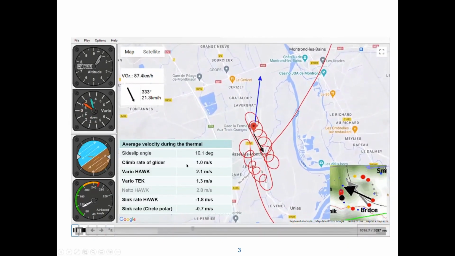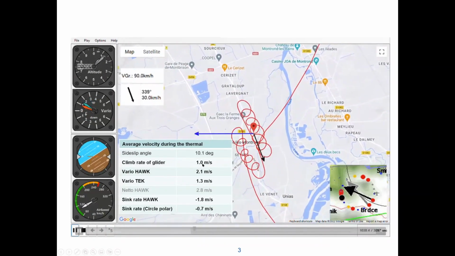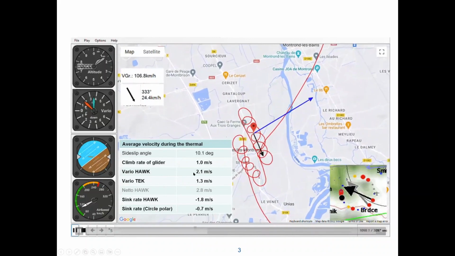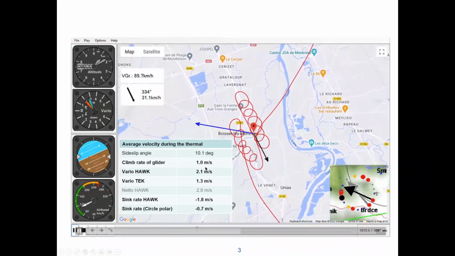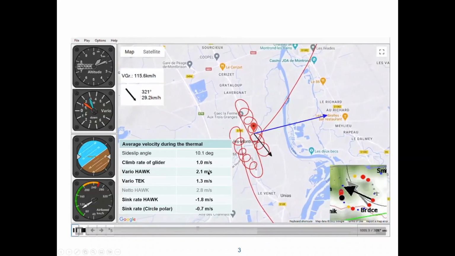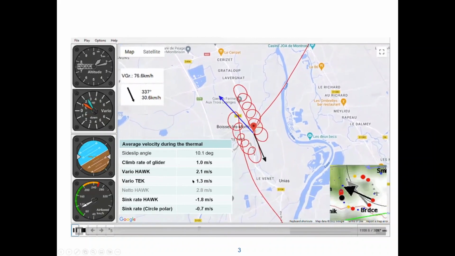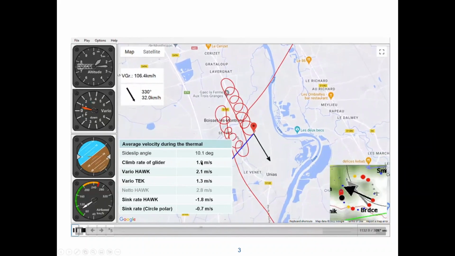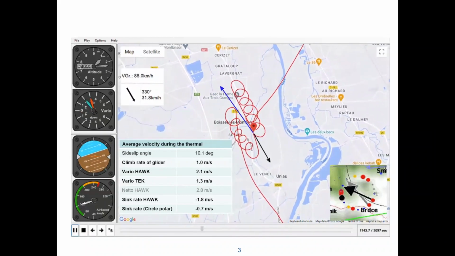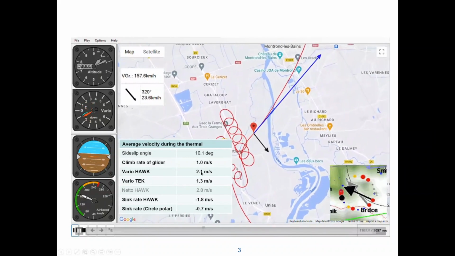The climb rate of the glider measured from GPS is 1 meter per second. The Hawk shows 2.1 meters per second, which is optimistic or larger. That's the potential climb rate. The tech vario is close to the real correct climb rate of 1.0 meters per second. Where does that 2.1 meter come from?